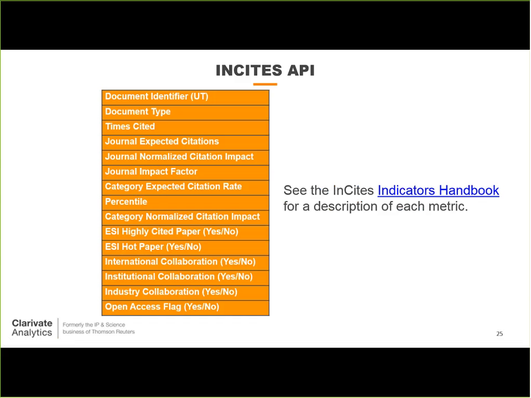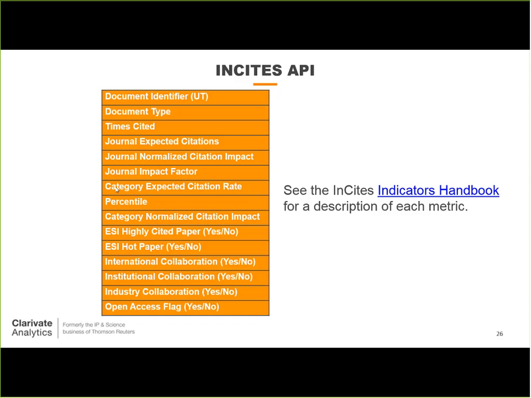So what we mean by item-level metrics, we get the UT as well, but we get the document type cited, but then we have the journal normalized citation impact and the category normalized citation impact. So these are normalized indicators where we're analyzing the average number of citations, so the expected number of citations for that journal or for that category, and considering the date of that publication and the document type.